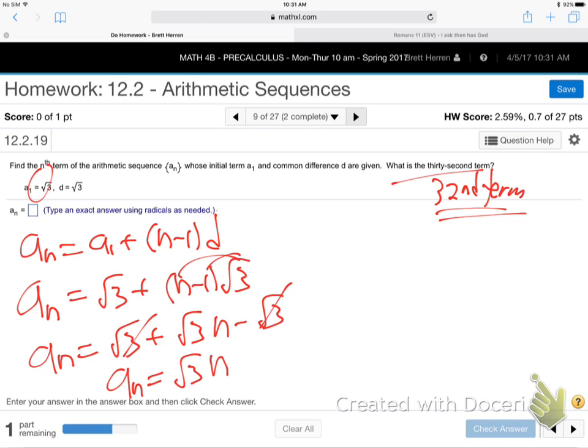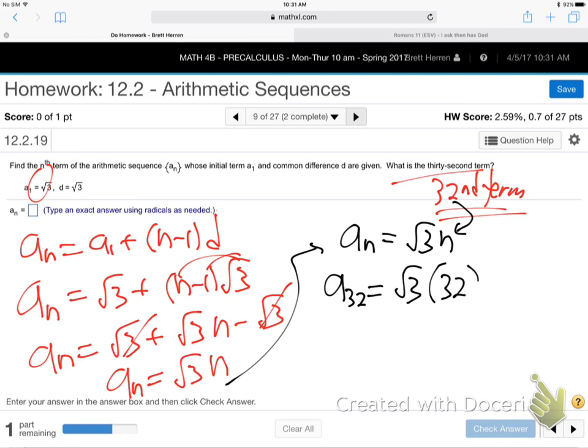So then, coming over here, a sub n is just root 3n. Plug in 32. The 32nd term is going to be root 3 times 32. That's it. Can't really do anything more with that. Is that okay? Questions on that? We all good?